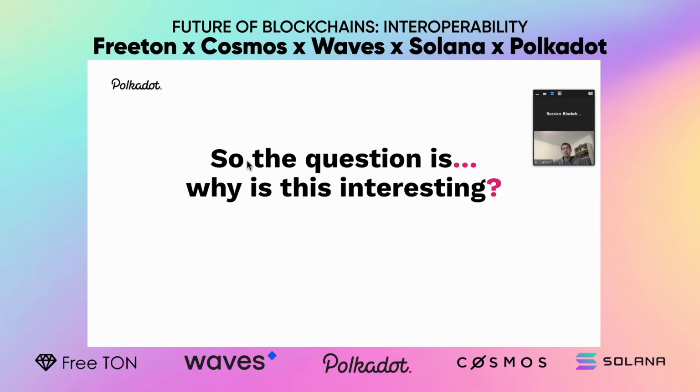So the question then becomes, how does this help us? Why is this interesting? Well, we saw that it allows people to make their own blockchains, and we see in our growing ecosystem that there are some things that you can't just do with a smart contract.